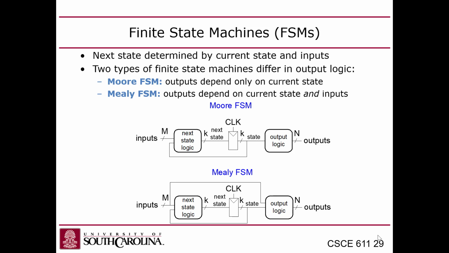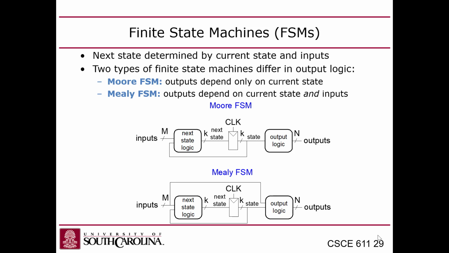Okay, so I mentioned that in that example, the outputs are only a function of whatever state you're in, but that's actually a style of finite state machine called a Moore machine. There's a slight variation on that called a Mealy machine, where you also bring in the inputs and make the inputs determine, along with the current state, what the output value is.